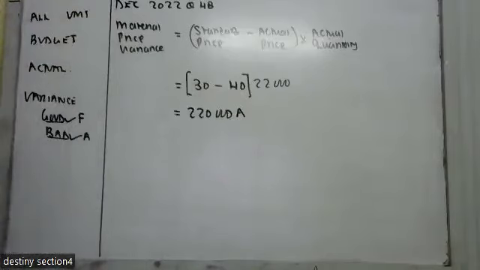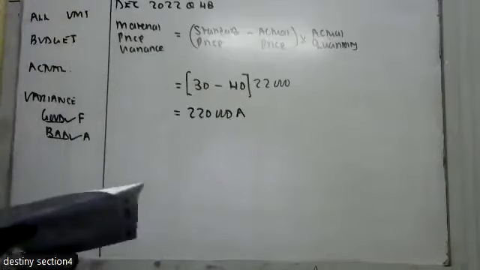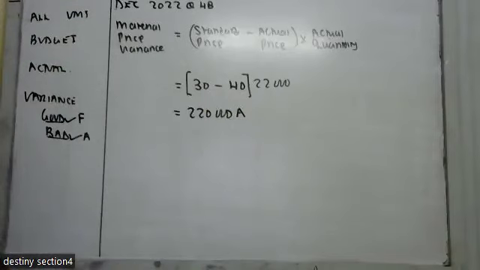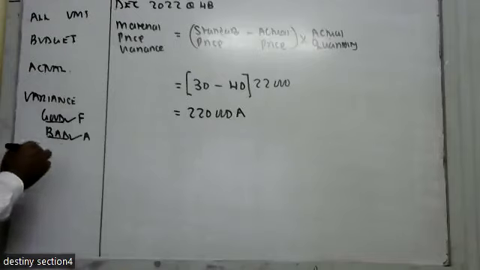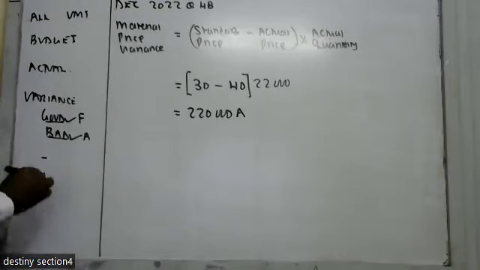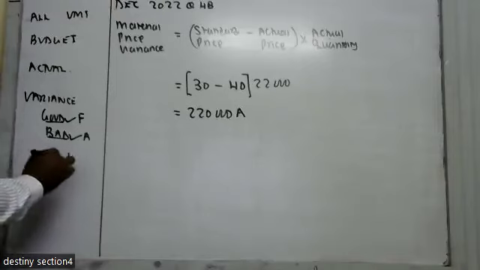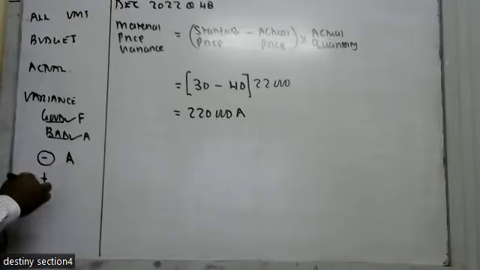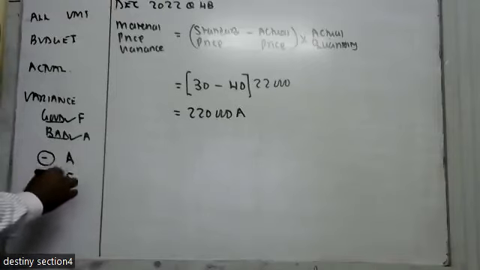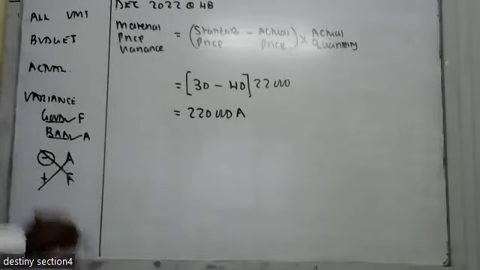But even if you put negative, it is fine. The only mistake that many students make, most of the adverse variances are negative. And most of the favorable variances are positive. So there are some students that cram that any variance you get if negative, it is adverse. And any variance you get if positive is favorable, but this is not always.